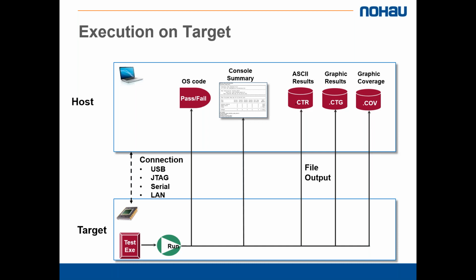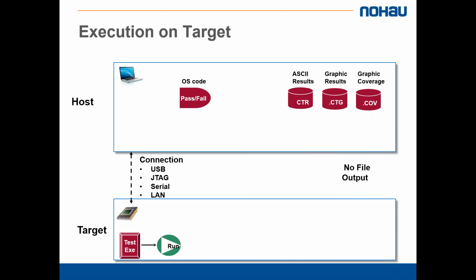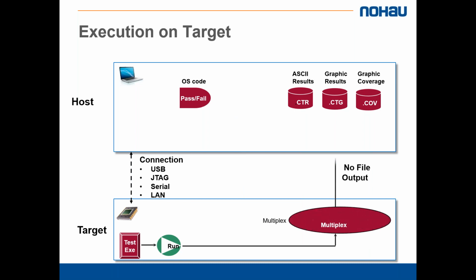Depending on the type of output, you could just have a blink if it passed or failed, but normally you have a limited amount of memory. So you save the result in memory, and then you demultiplex it on your host to get all of the same statistics and analysis windows as when running on the host. So when you're doing it on target, you won't notice the difference between running on host or on target. It's the same view.